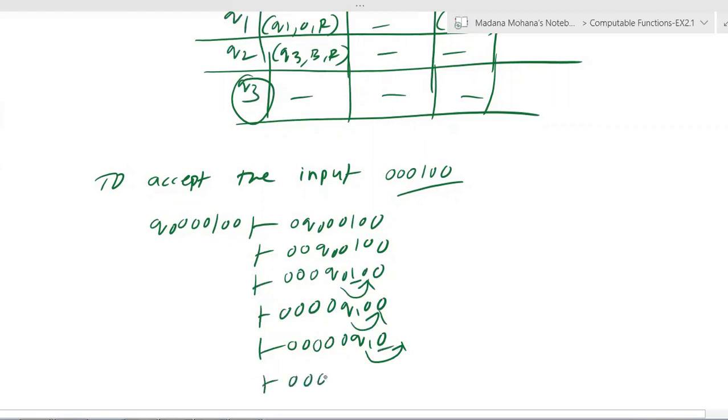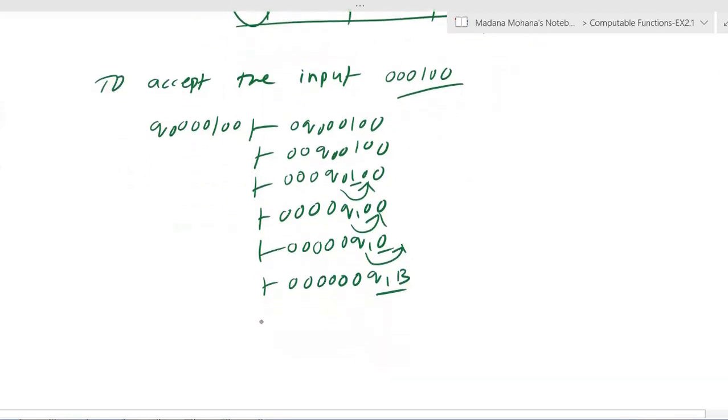I will get 0 0 0 0 0 0. Now q1 blank. Whenever the first blank is found, what is it doing? It moves left by changing the state, that is q2 0.